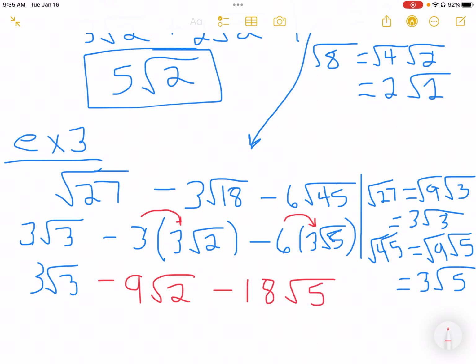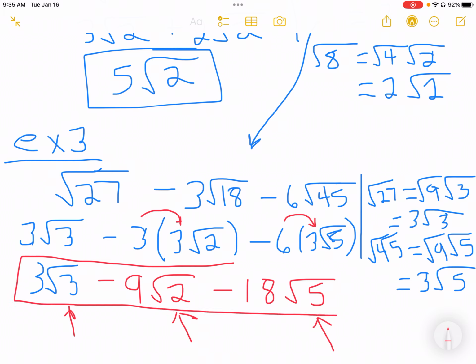Even though I did a little bit of work here, I didn't actually accomplish combining anything, because this root 3 is not the same as root 2, and it's not the same as root 5. So this is my final answer right here. None of those combine. So that's my final answer for example 3.